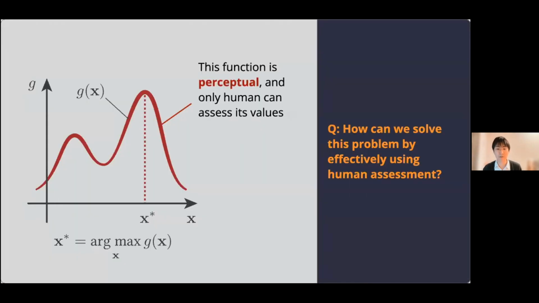In other words, the function G is perceptually defined, so only humans know about this function shape. So the challenge is how can we solve this optimization problem by effectively using human assessment.